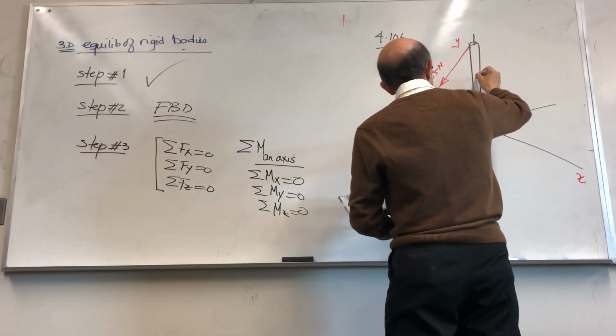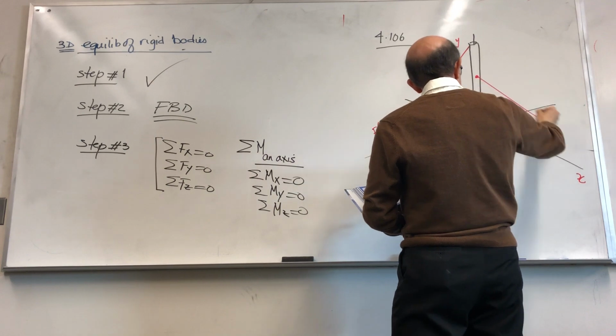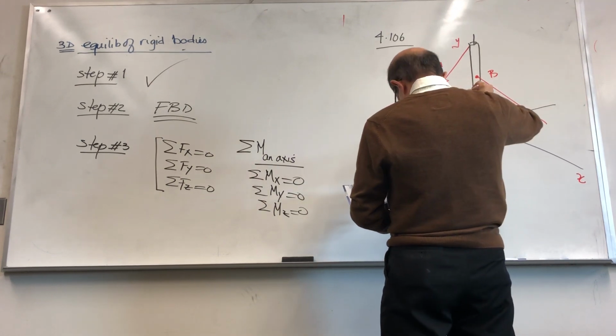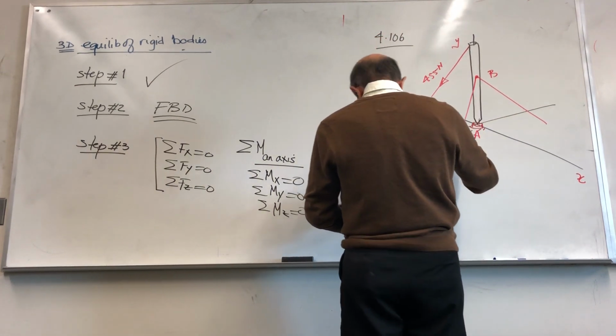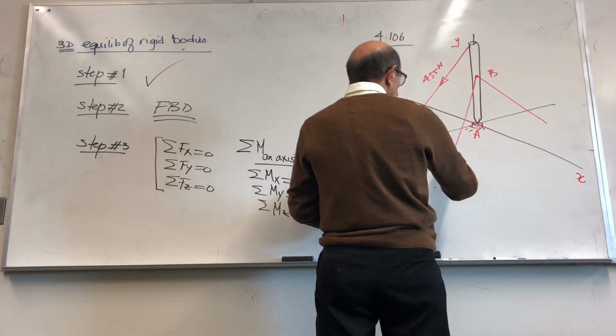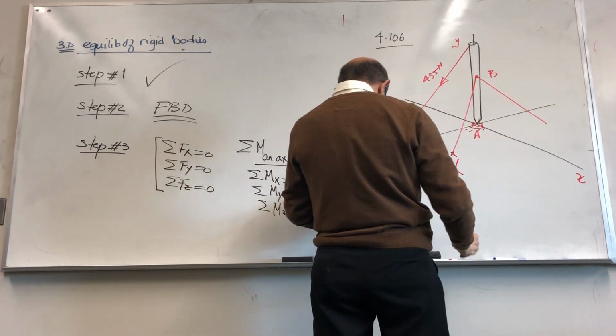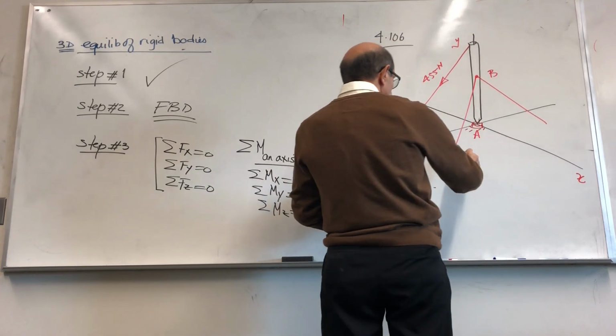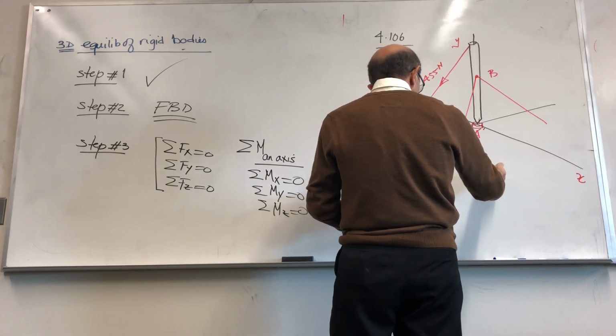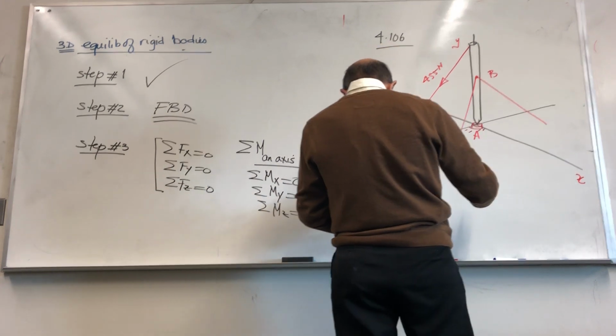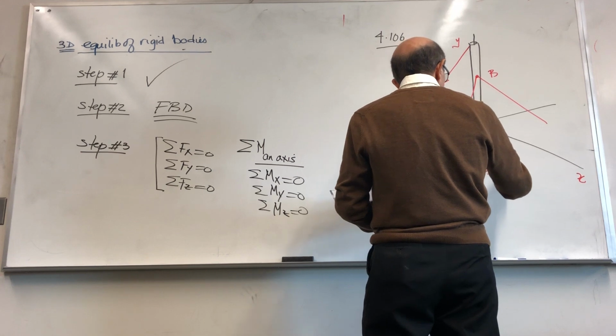Then there are two other cables attached to this structure at point B, connecting B to these two points on the ground. Coordinates are given as 1.5, 0, and 3.